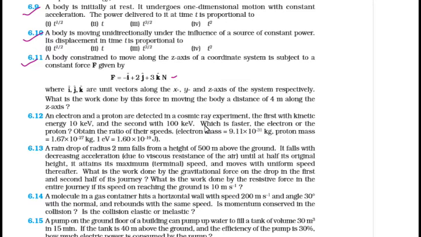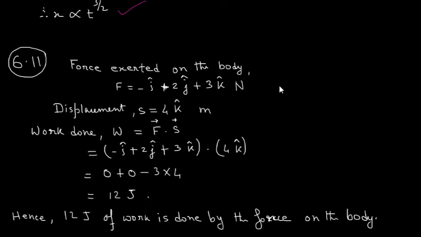Let us see the solution. So the solution is: force exerted on body F is equal to minus I plus 2J plus 3K Newton. Displacement S is equal to 4K meter.